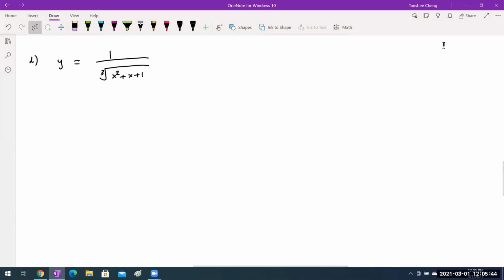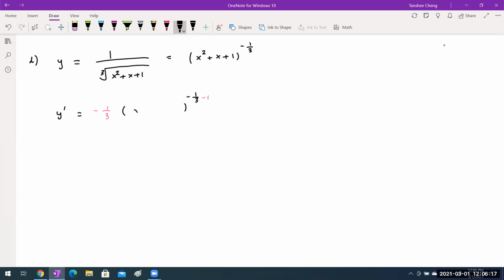So this problem will be similar to the previous one. So we're going to rewrite it. That will become x to the second plus x plus 1, and then to the negative 1/3 power. So you can see that the outer function is negative 1/3, inner function is what? X squared plus x plus 1. So my y prime will become, bring down the exponent, negative 1/3, and then subtract 1 from the exponent, which is negative 1/3 minus 1.